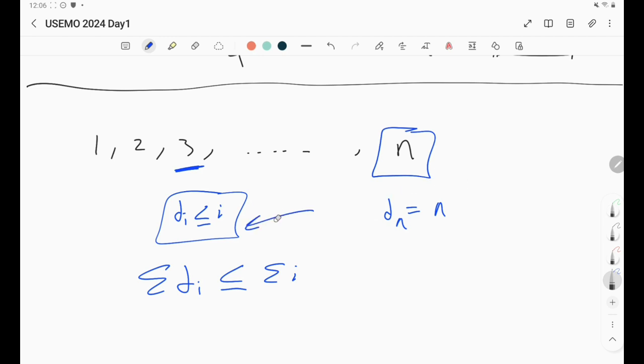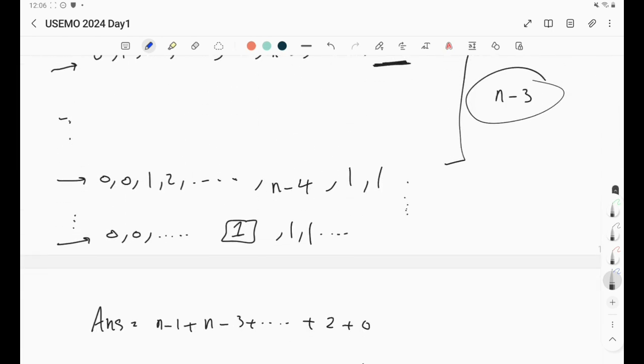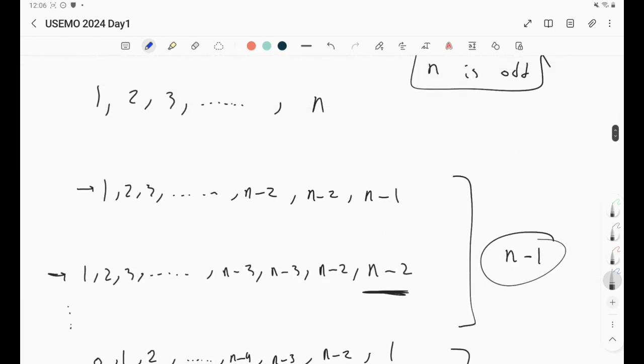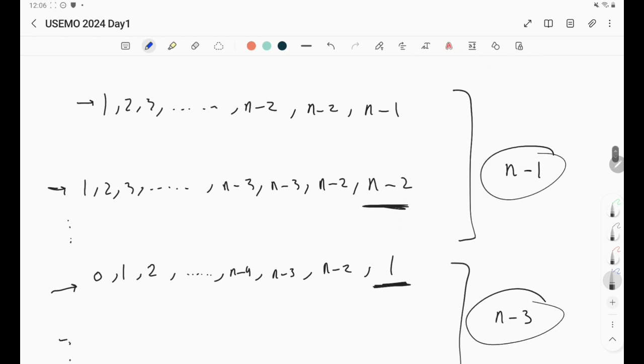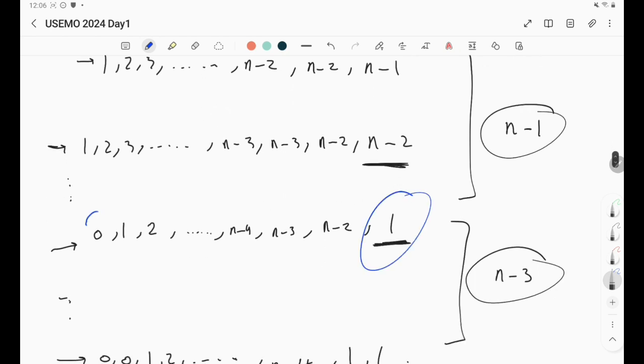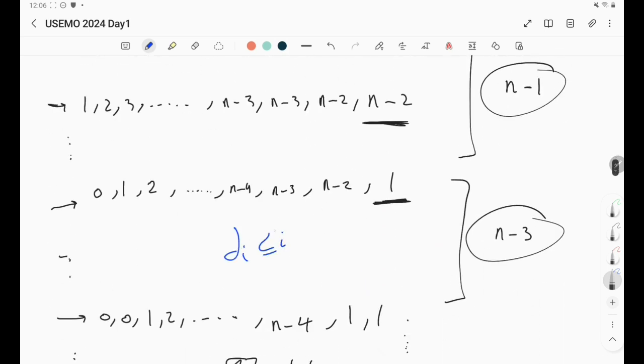We cannot just depend on this, basically. Okay, so what exactly can we do? How can we bound these? Well, if you look at our example, first we coded this thing and we kept building everything till it became 1, right? And now the numbers here are 0, 1, 2, and so on. So the equality d_i equals i, where did it happen?